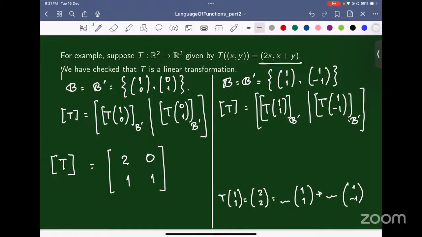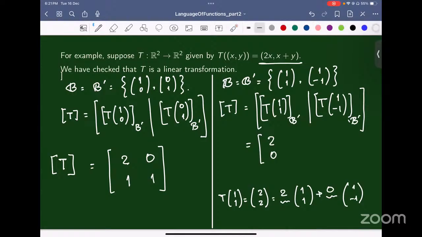If I put half, half, that doesn't work either. If I put 2, 0, that seems to be the correct coefficients. So the first column will contain 2, 0. Notice this is different from 2, 1 that I had earlier.